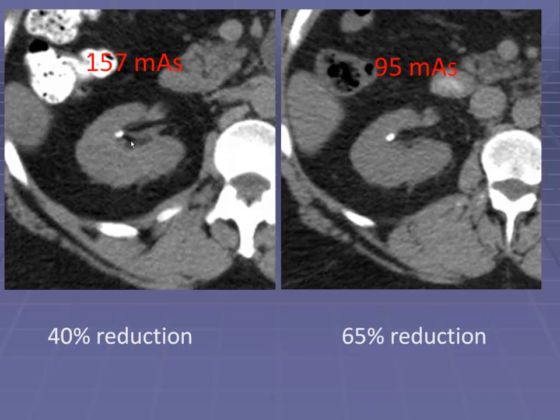In this case, I reduced the dose a total of 65% and used a radiation dose of only 95 MAS. You can see that the image might be slightly noisier, but it is easy to evaluate the stone and see that the stone has been unchanged. And again, a 65% reduction is a significant dose savings.